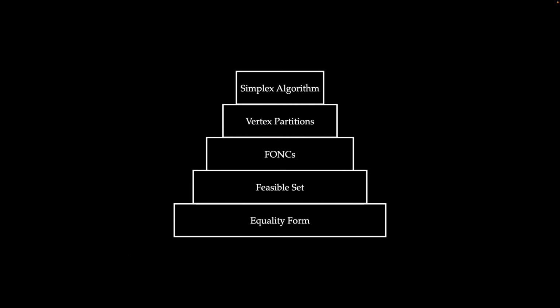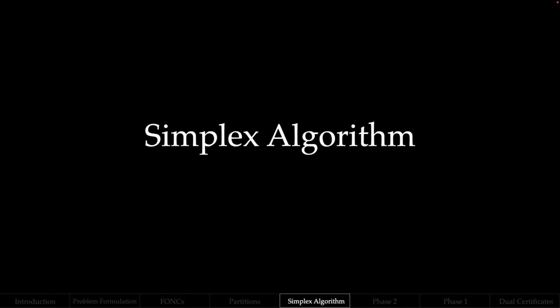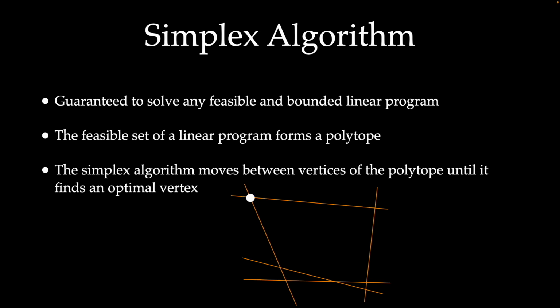Okay, so now we've seen all of the necessary tools that we'll need in order to construct the simplex algorithm. So we have all of the tools in our toolkit. Now we just need to go through some of the specifics of the simplex algorithm. The simplex algorithm is guaranteed to solve any feasible and bounded linear program.